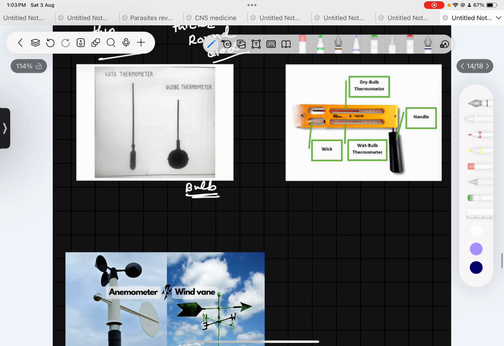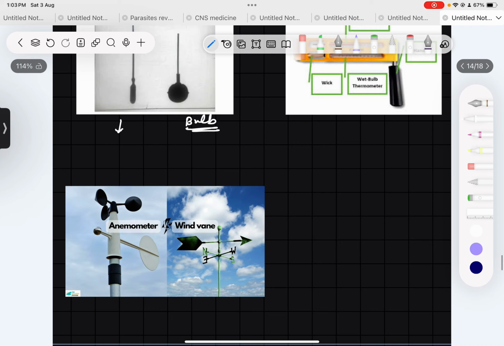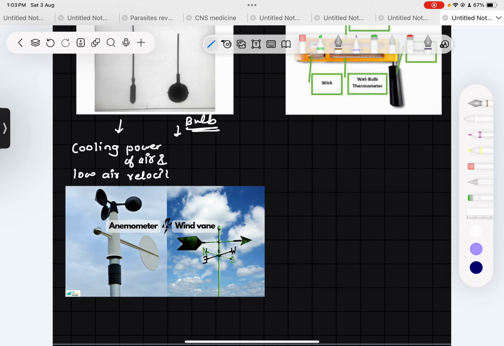Now what do these two actually measure? So this Kata thermometer is going to measure the cooling power of air and also low air velocity, and the bulb thermometer is going to measure radiant heat and effective temperature.